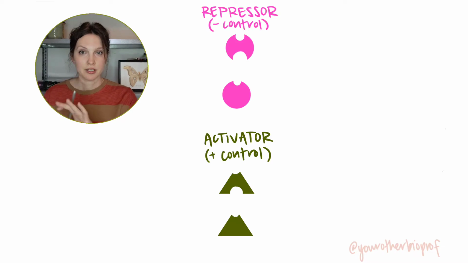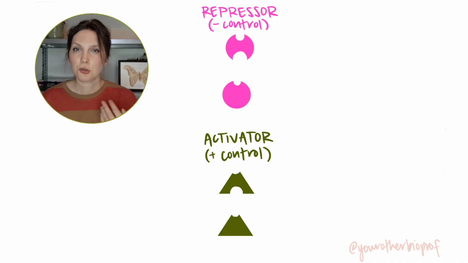Without adding too much detail here, the regulatory proteins, both the activators and the repressors, have two different forms or conformations, two different shapes. The first is an active conformation.